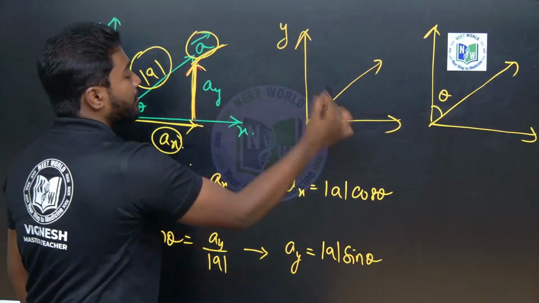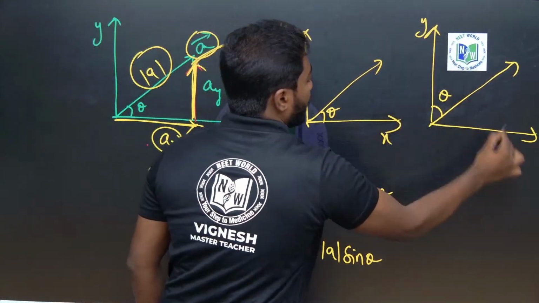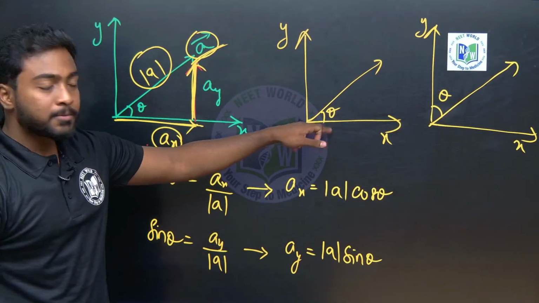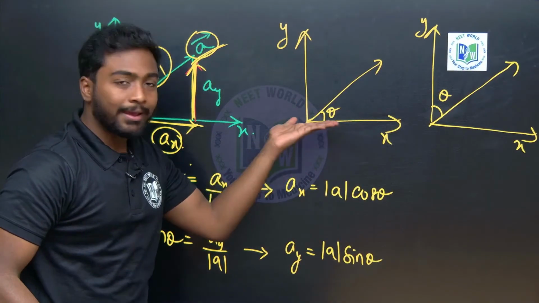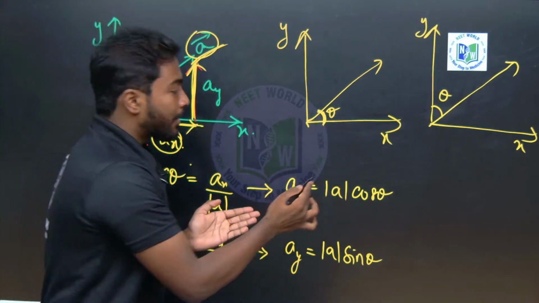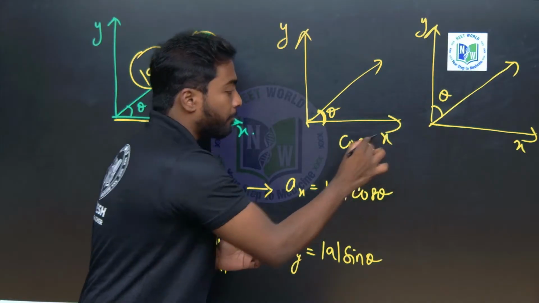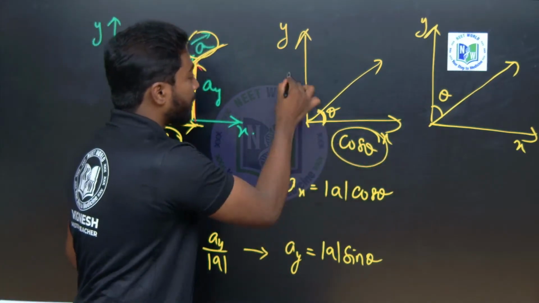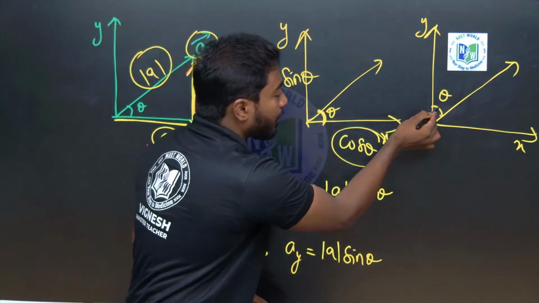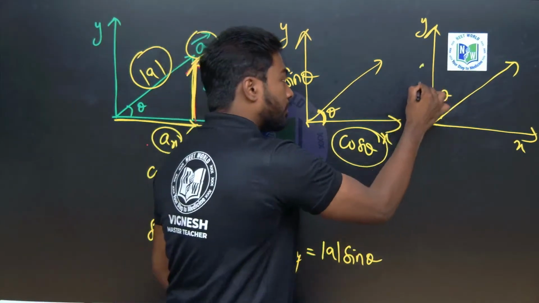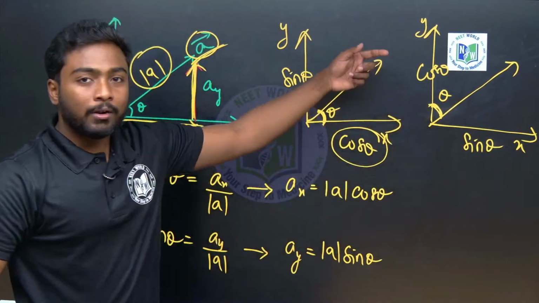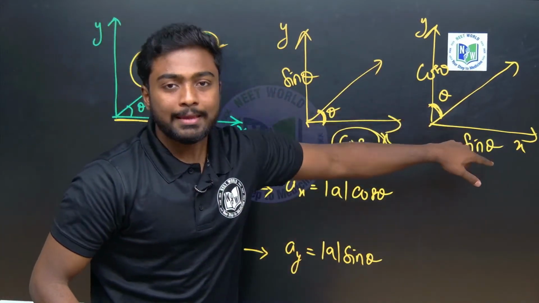The component along the axis the angle is measured from takes cos theta, and the opposite one takes sin theta. When the angle is with respect to the x axis, ax will be cos theta and ay will be sin theta.